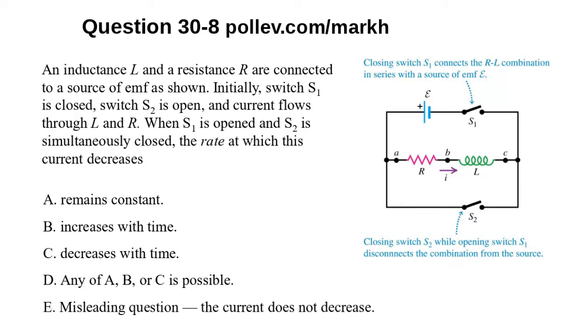So this question is just asking what happens to the rate at which the current decreases over time. We've built up a steady current, then we open this switch and close this switch. What happens to this current I that's flowing in the circuit over time, the rate of that current decrease? You know it's going to decrease as it discharges through the resistance. So what's happening to that rate over time?